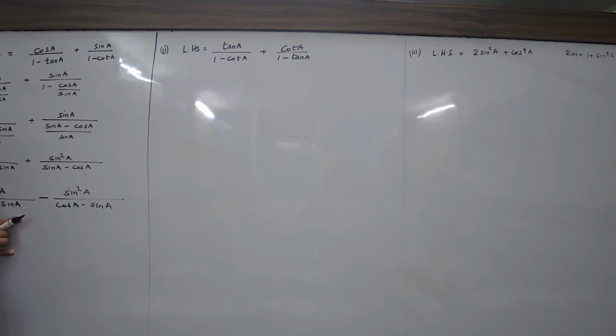Because if this is cos a minus sin a and this is also cos a minus sin a, then I have no tension of LCM. When denominators are same, the numerators can be simply added or subtracted, yes or no? So here I have made the denominators same. So my next step is cos squared a minus sin squared a upon cos a minus sin a. Have you all understood?